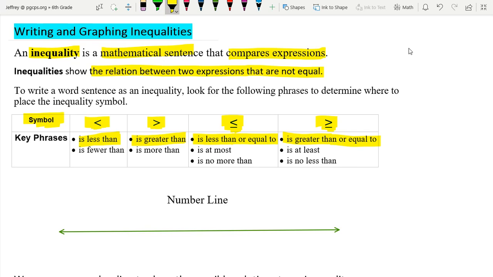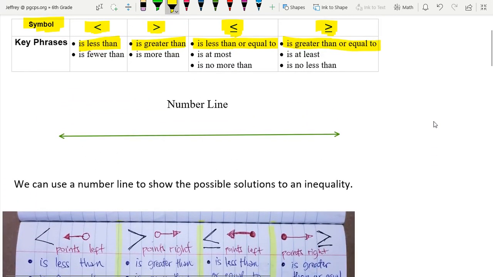What's the easier way to remember it? Looking at your number line, the arrow pointing to the right shows that all numbers are getting greater or bigger, right?